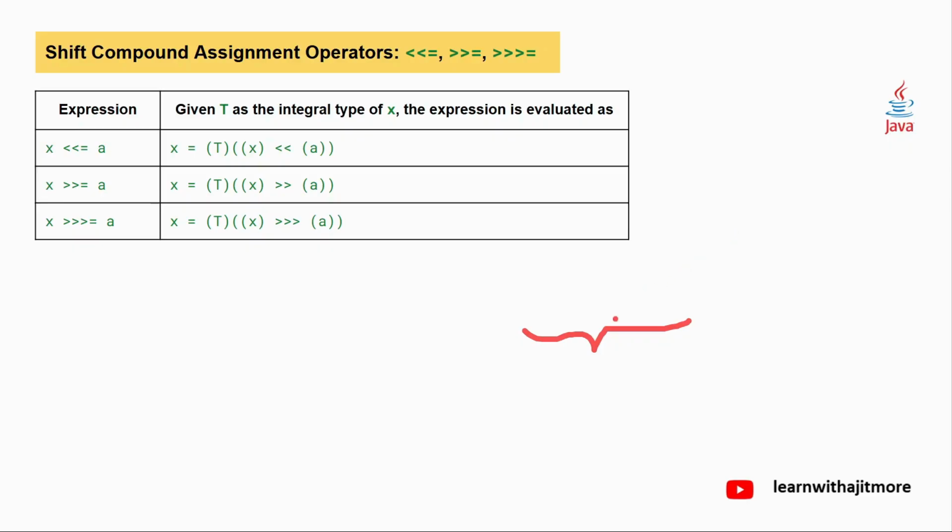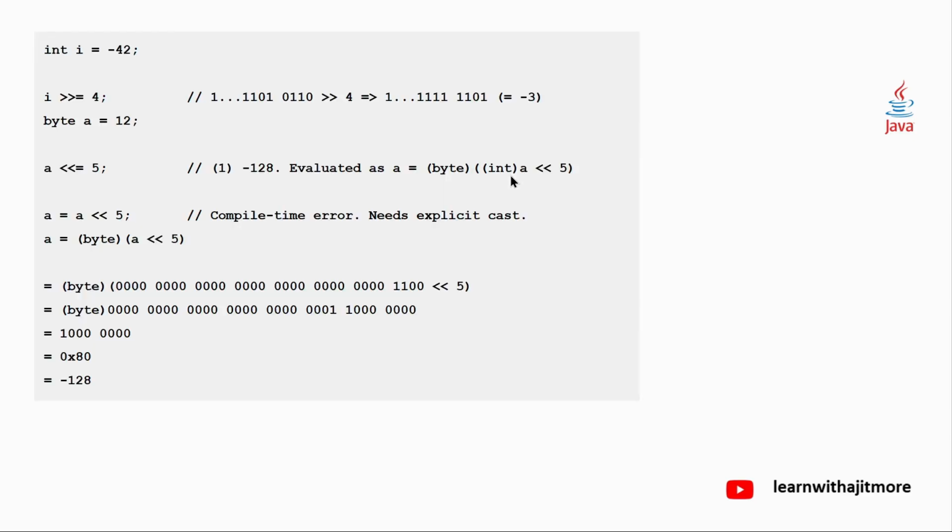Getting? Correct. So in the previous example, what happened is that the last byte was remaining only zeros. Therefore, we got 0. Getting? Coming to this example, see here. Now integer I equal to minus 42.